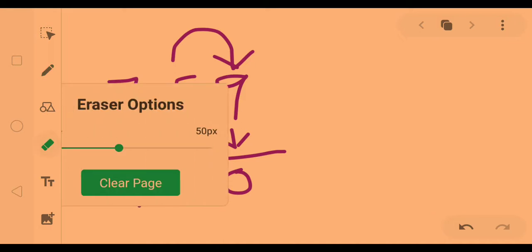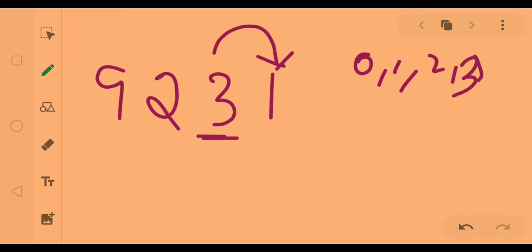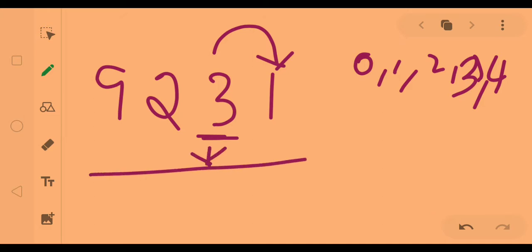Let's take two or three more examples. It is quite easy. The next number is 9231. We are rounding this number to the nearest 10. First step, we underline the tens place digit, then we move back to the previous place digit. If the digit is 0, 1, 2, 3 or 4, the underlined digit remains the same, that is 3 itself.